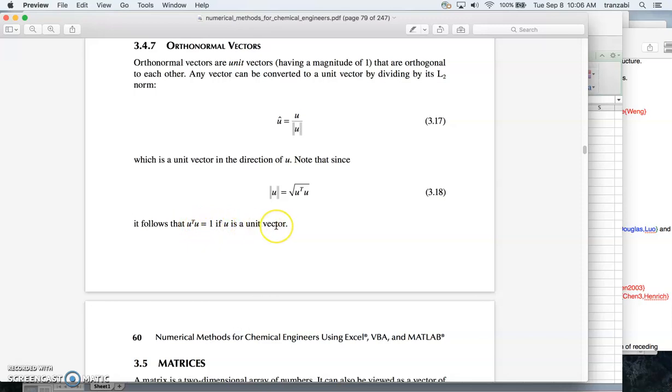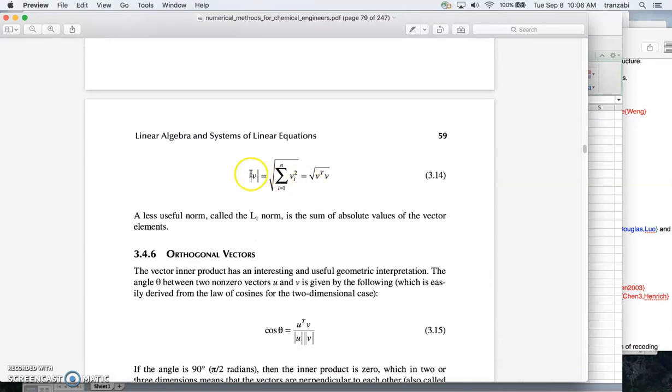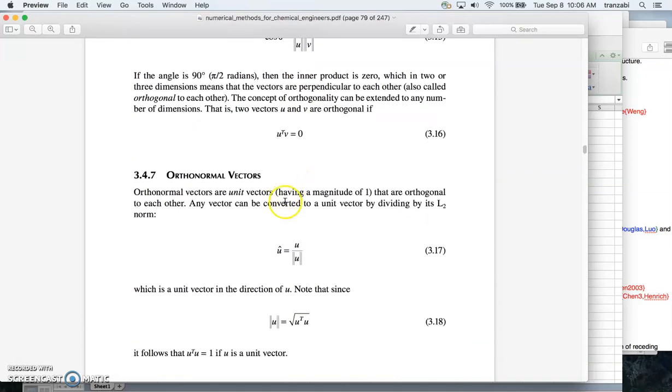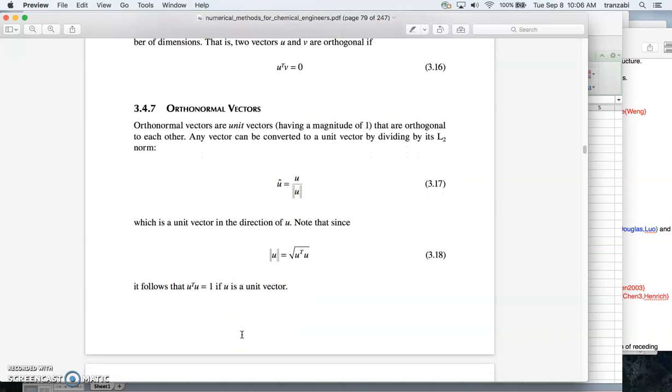It's the unit vector. We can actually orthonormalize any vector. If you have a vector u and you want to orthonormalize it, you divide every element of u by the norm of u. If you remember, the norm of u is the square root of u transpose u, as in the definition of norm above. Now this u hat will be orthonormalized, which means if you get u hat transpose times u hat, you get 1.